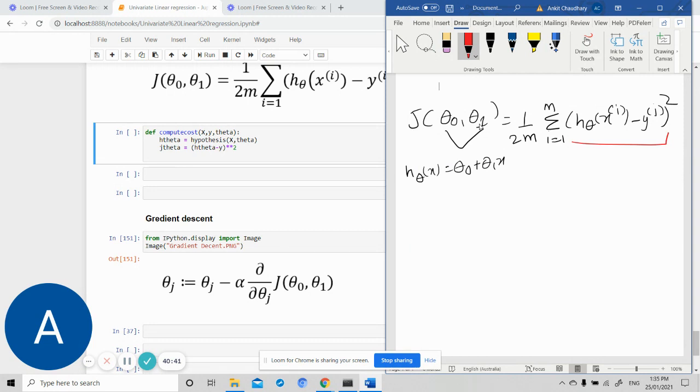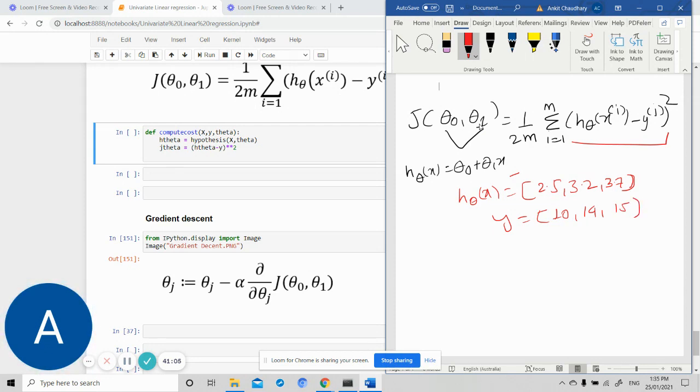Okay, so let's say we have hypothesis as theta of x, 2.5, suppose 3.2, 3.7, and my y is the output variable, like 18, 14, 15.